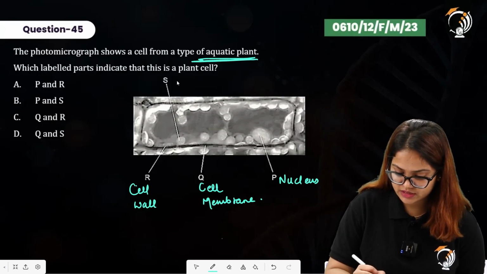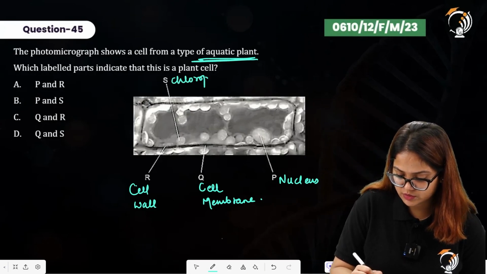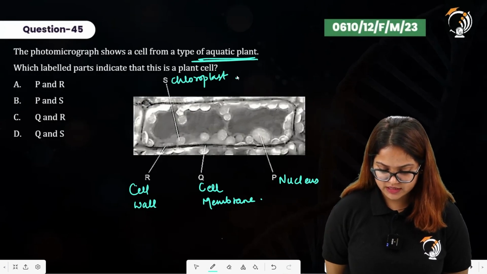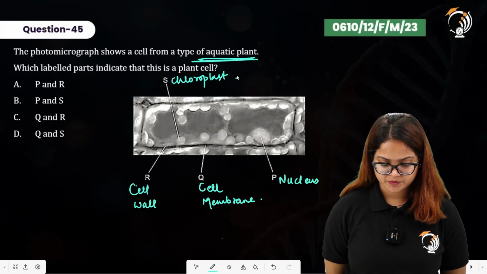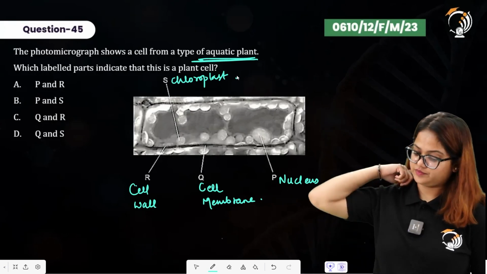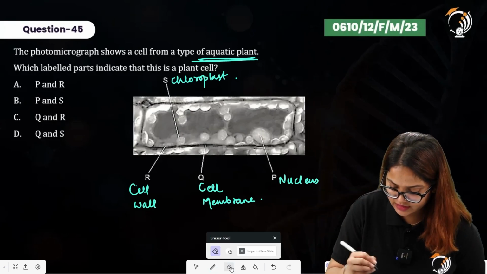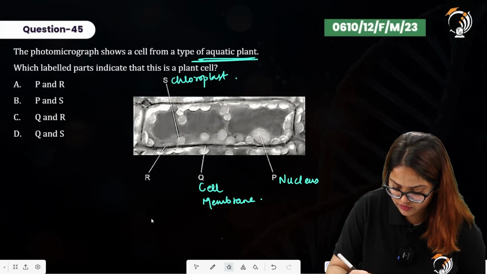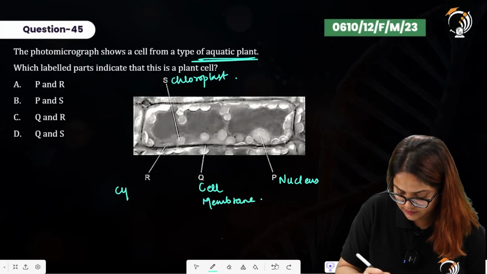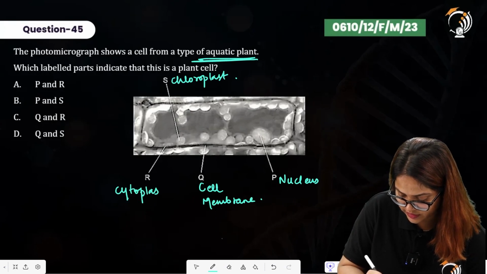S here represents the chloroplast. The R here is extending toward the inside, so we will label it as cytoplasm.